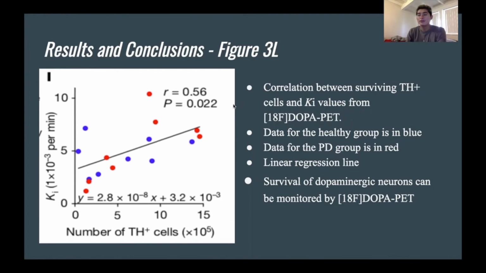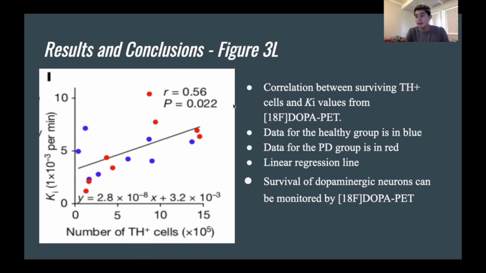The values for the surviving TH cells for the healthy group of monkeys is in blue, and as you can see right off the bat, the surviving TH cell values were just really high, in the 5s and in the 7s even. That could be due to the monkeys being healthy already and being able to produce TH cells without having something helping them produce it.